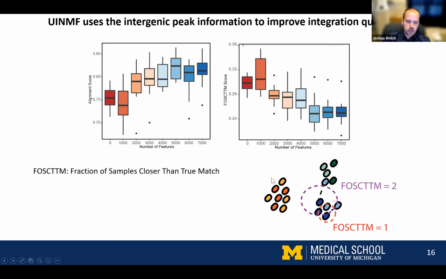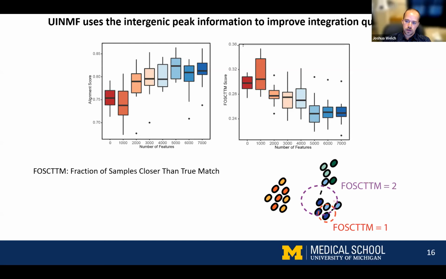I guess I should explain what that metric is. Basically, because we know which RNA and ATAC profiles actually correspond because they were measured on the same cells, we can calculate the nearest neighbors in the factor space using the factors from UINMF. And we hope that cells that actually correspond in terms of their measurement are near each other in the factor space.